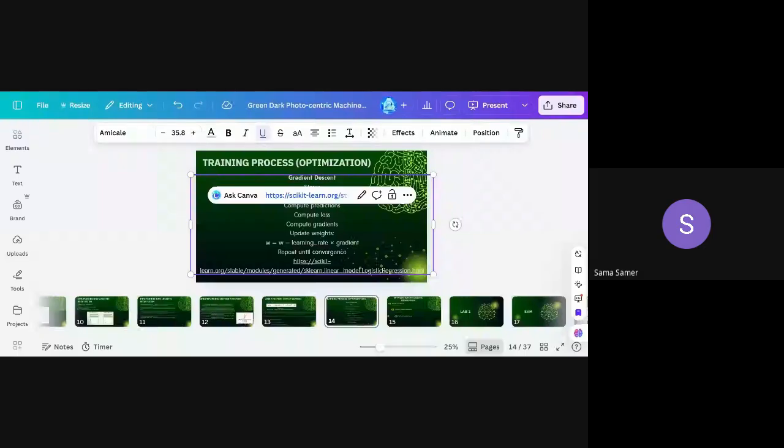And here is our document of the logistic regression. So tell me if you can see the screen now. You can stop all of the sharings and share my screen again.